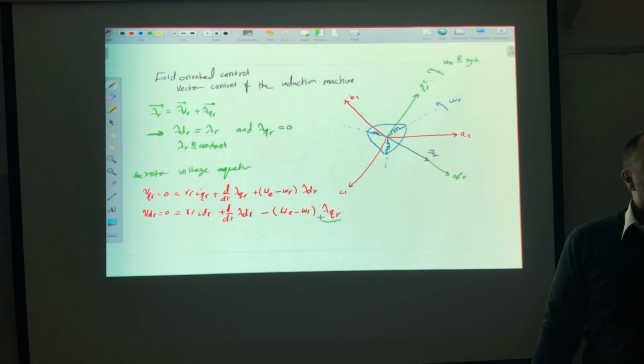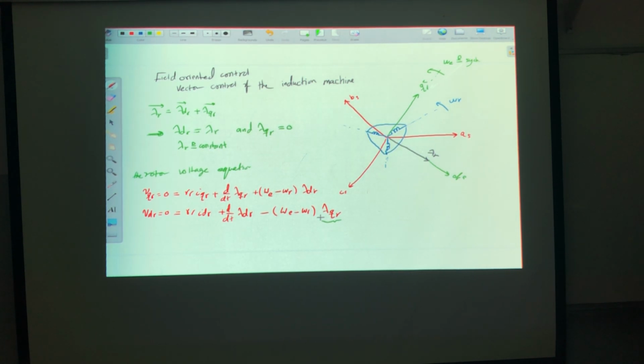So IDR equal to what? Zero. Yes, 0 over R. From here, this term will equal 0. Why? Because lambda QR is 0. This term will also equal 0, by assumption that lambda R is constant.